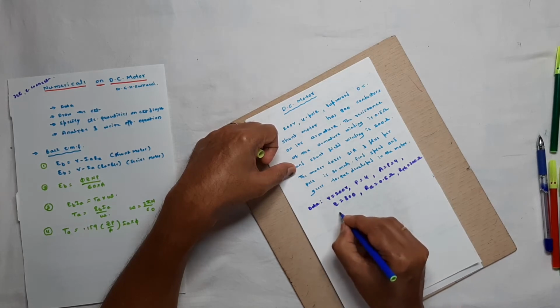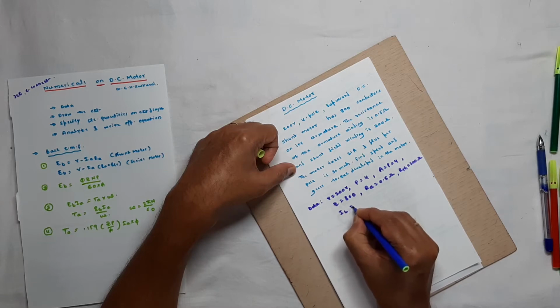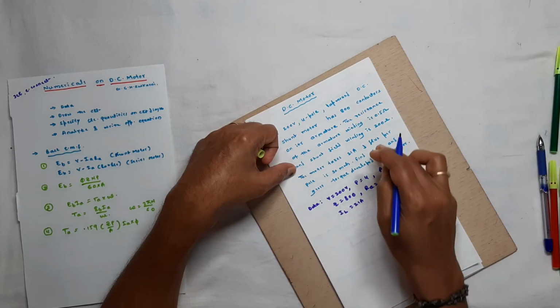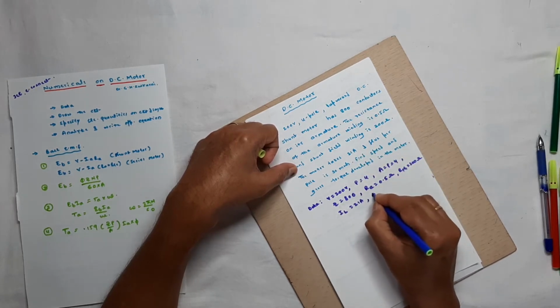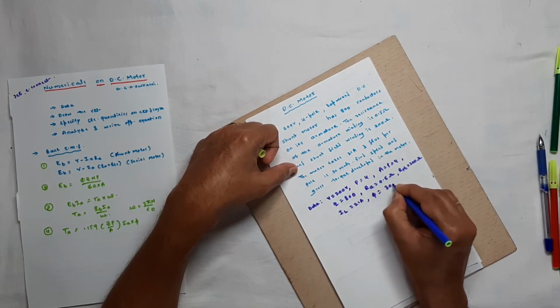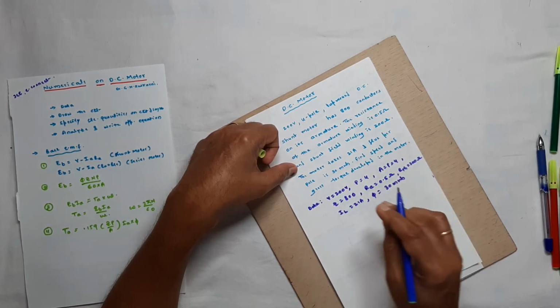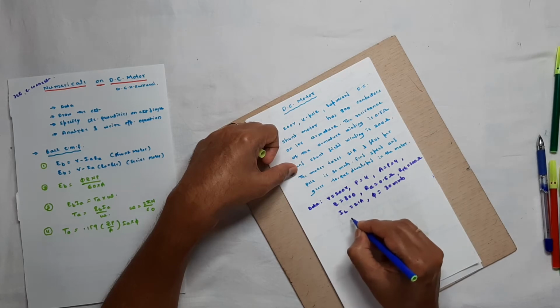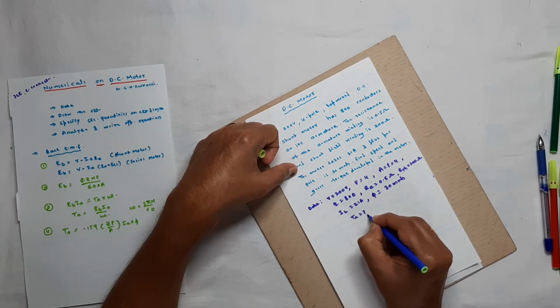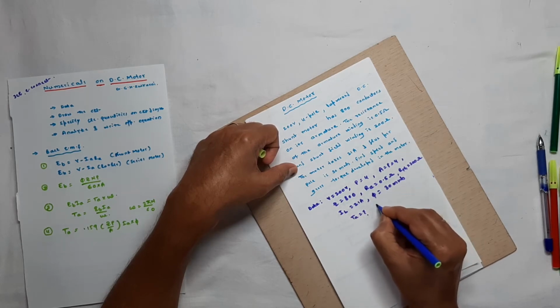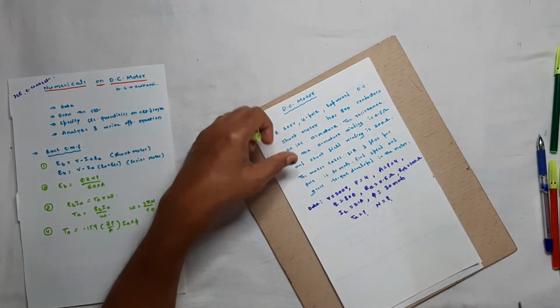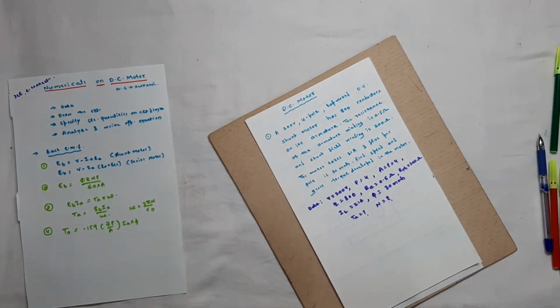Takes means it is from the source, that is the line current, IL is equal to 21 amperes. Flux per pole phi also is given, that is 30 milliweber. Then he asks you to find out the torque and the speed. These are the quantities asked. First you have noted down the data.